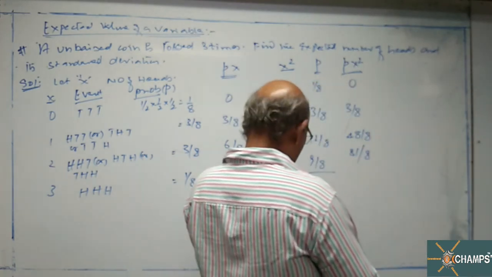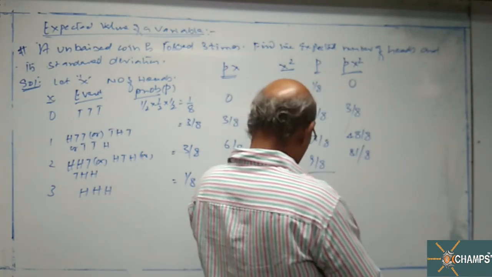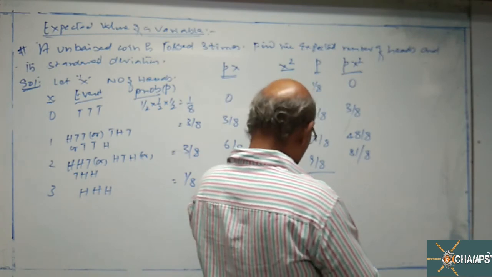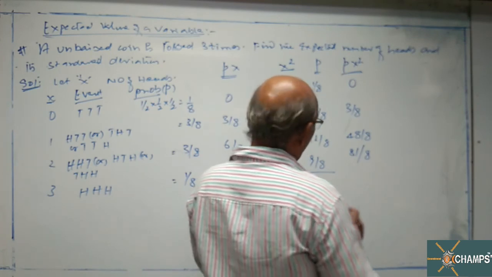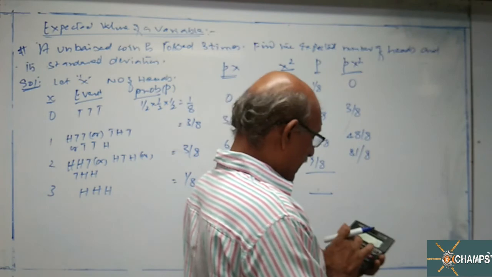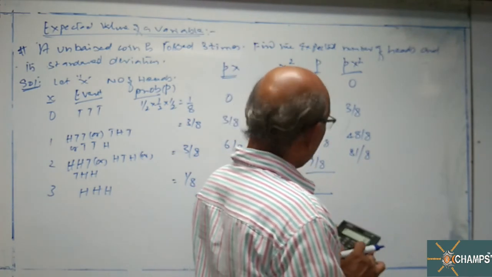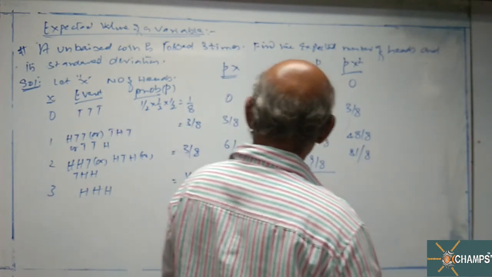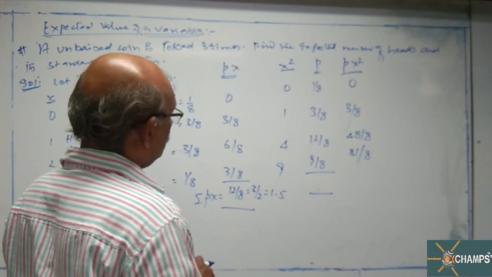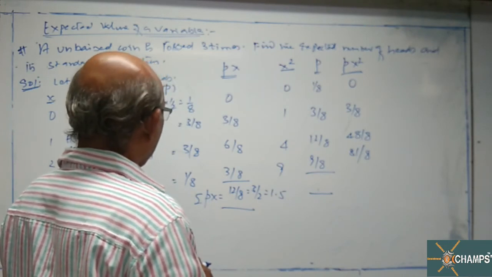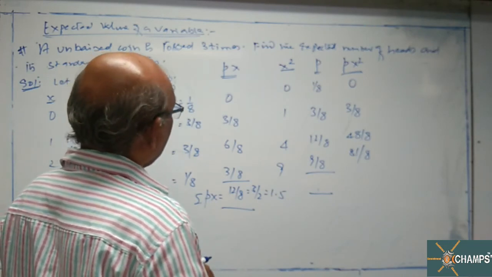Three plus 48 plus 81, 132 divided by 8, 16.5. My question is on where it is now.